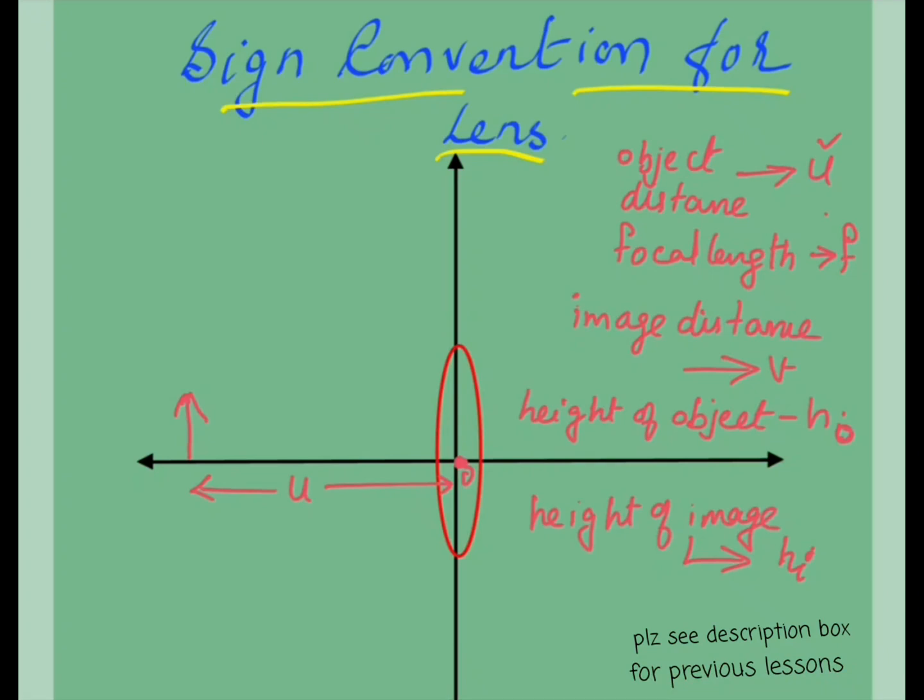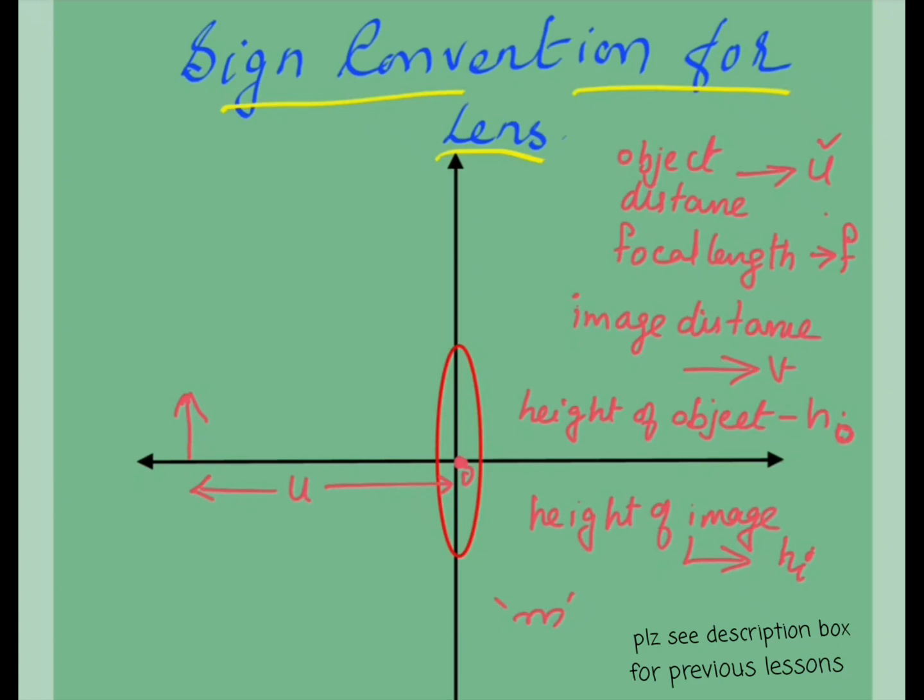So these are the main notations. Now we'll come across another term, which is magnification, represented using letter M. I'll tell you when I give the definition or equation of magnification.